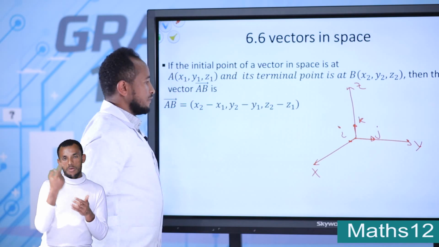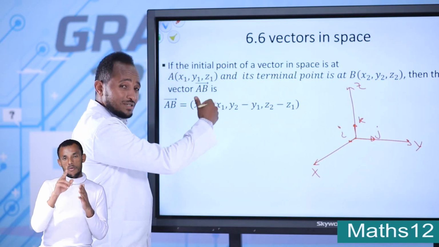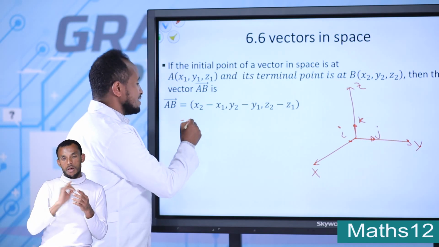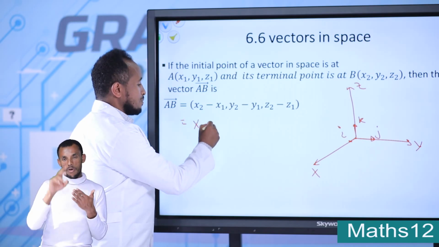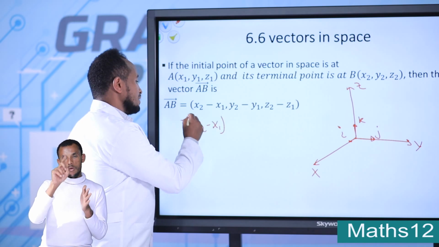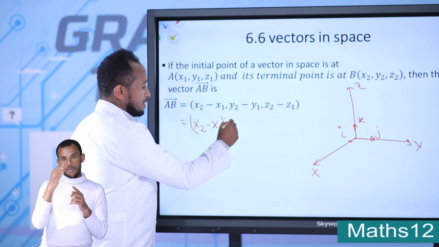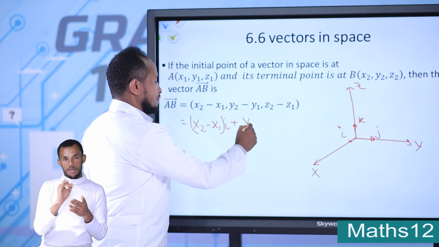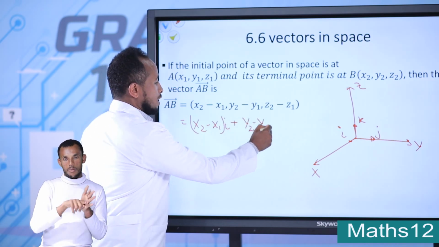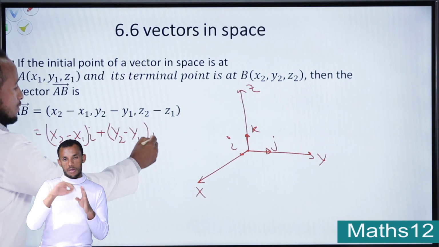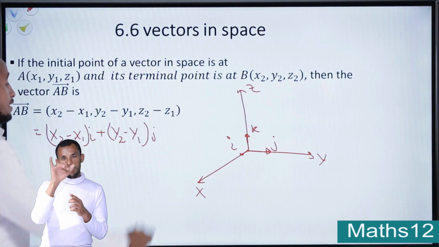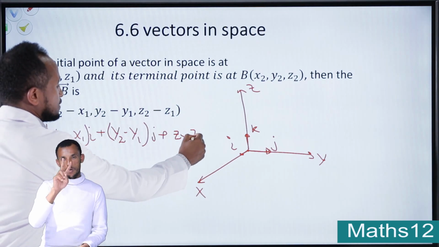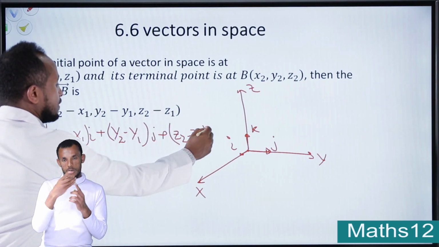Using these unit vectors, x2 minus x1 is along the x direction, so I can write this in the direction of i, plus y2 minus y1 in the direction of j, plus z2 minus z1 in the direction of k.